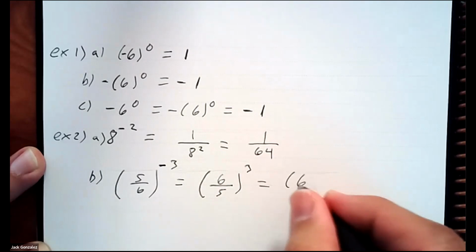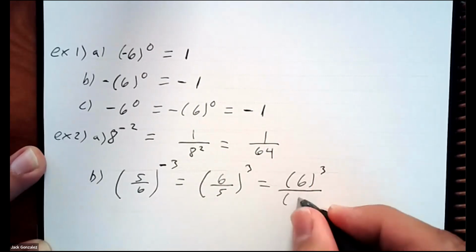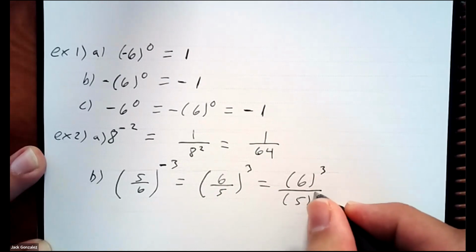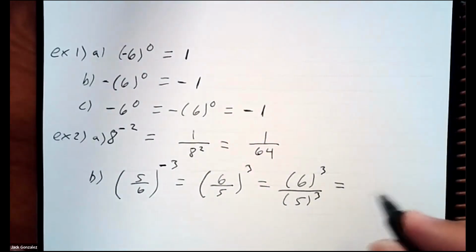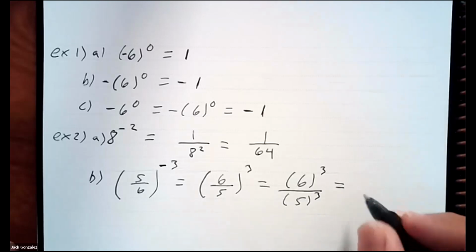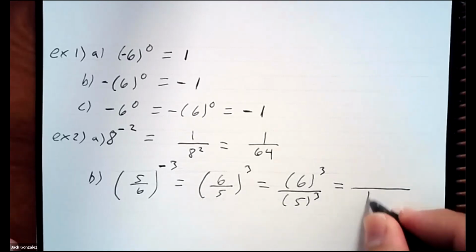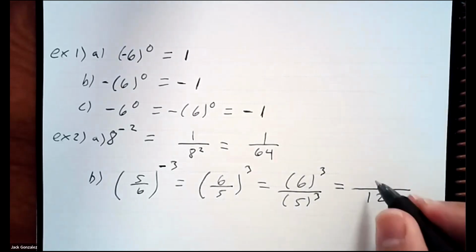Then you would apply the power on each part, the numerator and the denominator. But once you flip it, it changes to positive. So 6 times 6 times 6, what is that? I don't know. 216, sounds right.